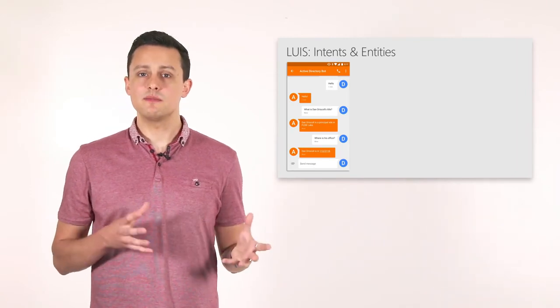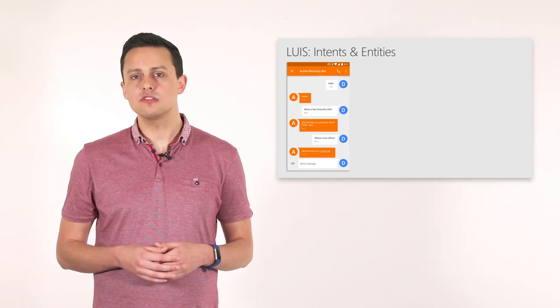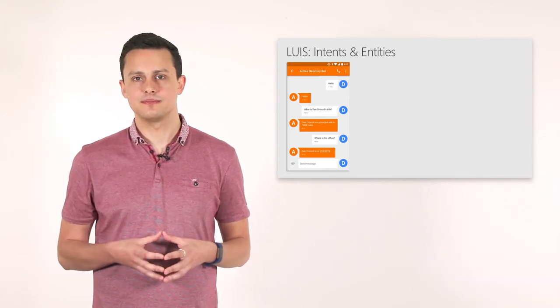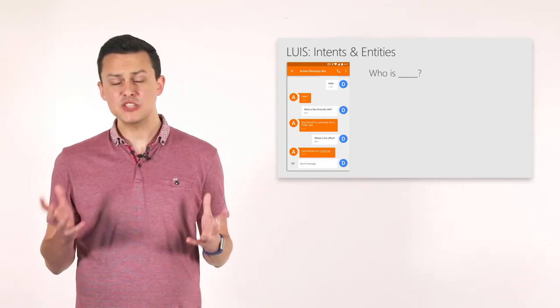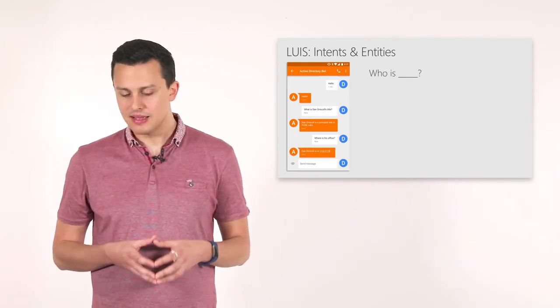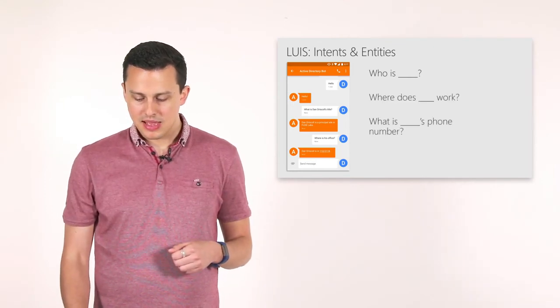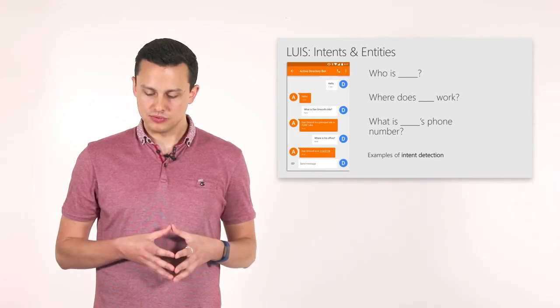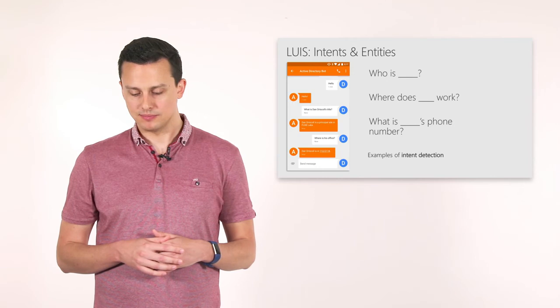So LUIS fundamentally is actually quite a simple service to get started with, as long as you understand two concepts, intents and entities. The best way to understand intents is through a few examples. Here are 3 examples of queries that our users may make to our bot.